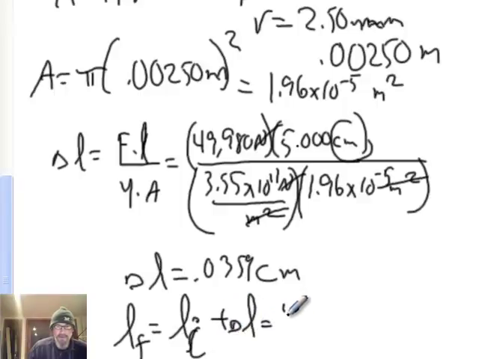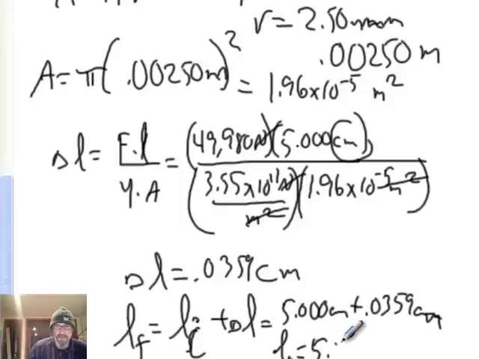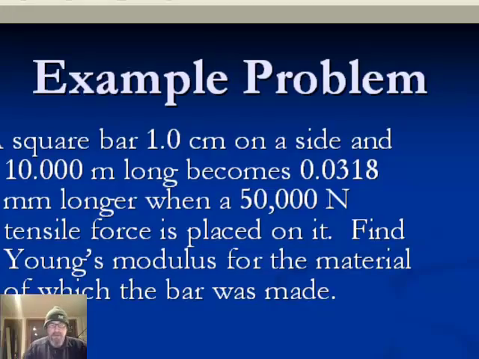So it'll just be our starting 5 centimeters plus our 0.0359 centimeters of delta L, and that comes out to 5.0359 centimeters.